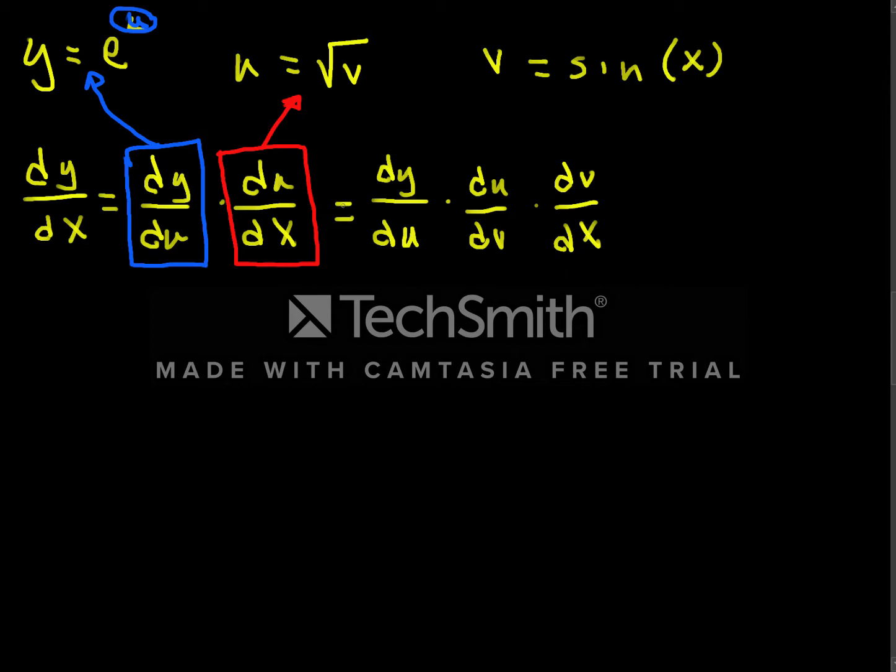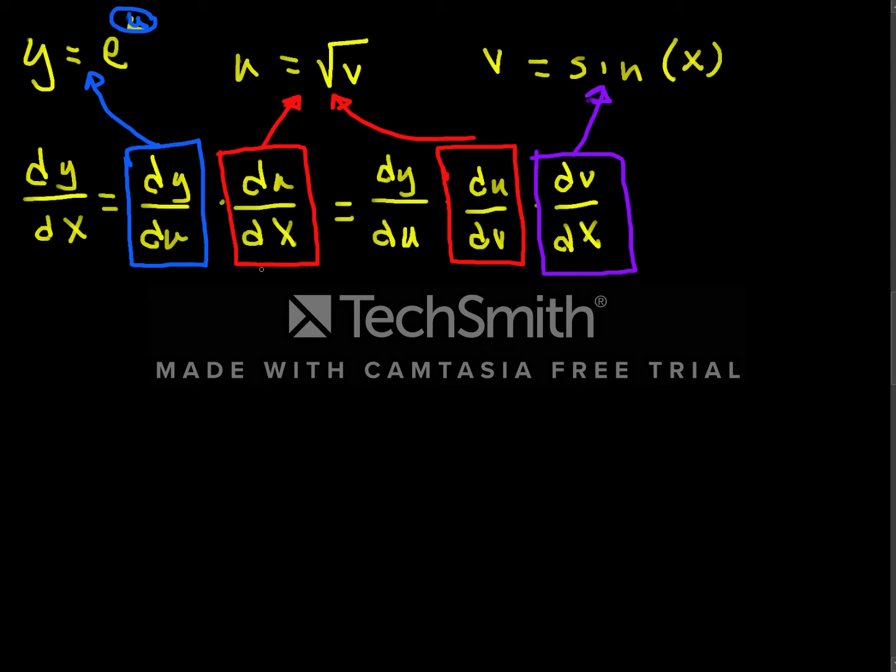Okay, we've done this little unpacking business, and now, as we were worried about before, we had du dx, but I've rewritten it as the derivative of u with respect to v, since u is a function of v. And then if I look at dv dx and take a look at that function, v is a function of x, namely sine of x.